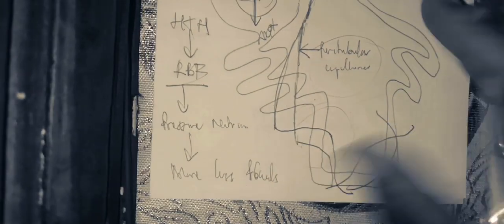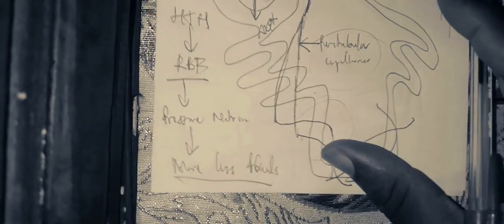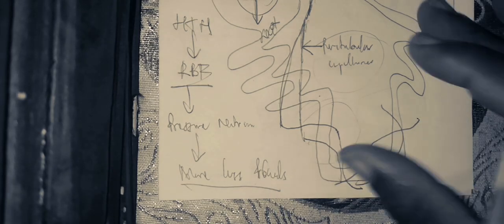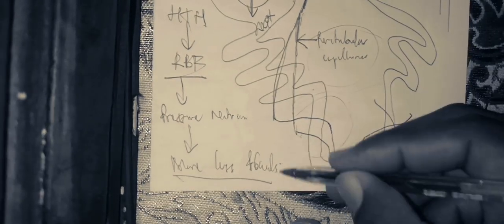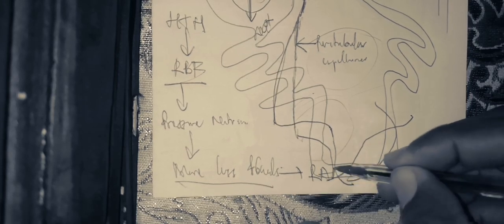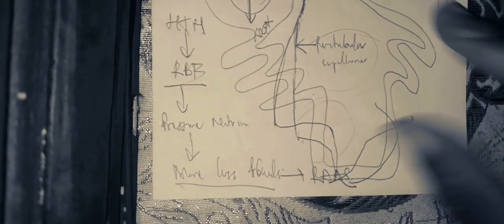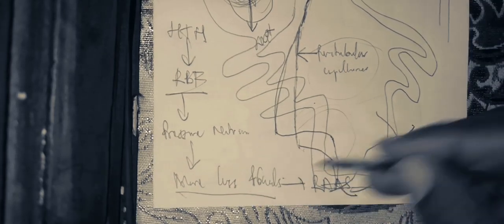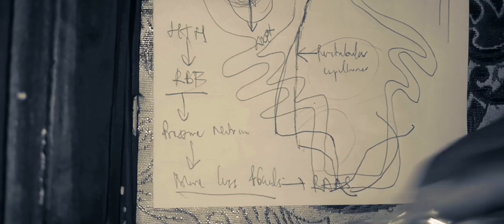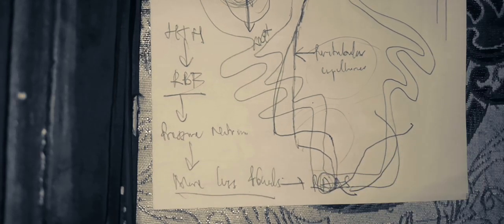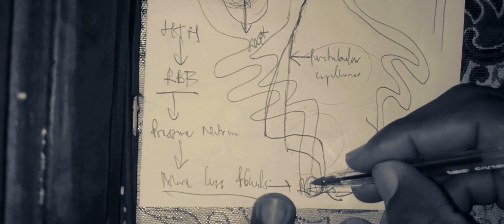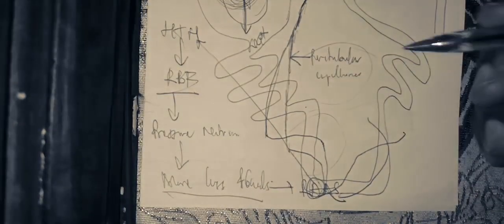Now, if you have more loss of fluid, you need to know that the compensatory mechanism for a loss of fluid is going to result in a RAS system activation, a renin-angiotensin-aldosterone system activation. And the renin-angiotensin-aldosterone system activation results in the production of angiotensin. And angiotensin is going to increase the blood pressure again.